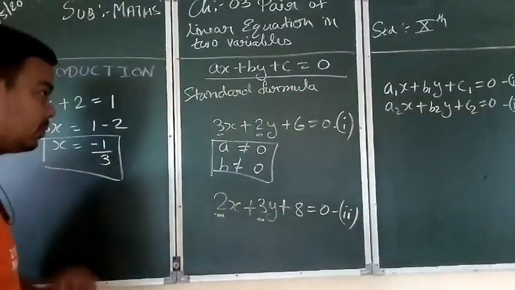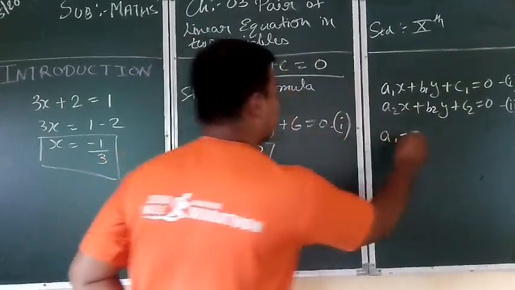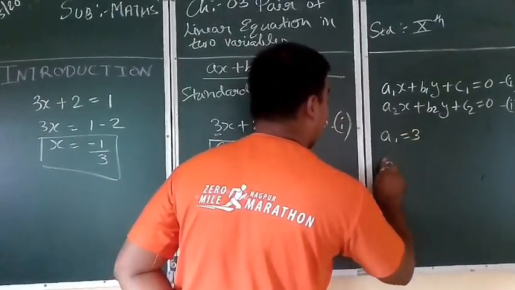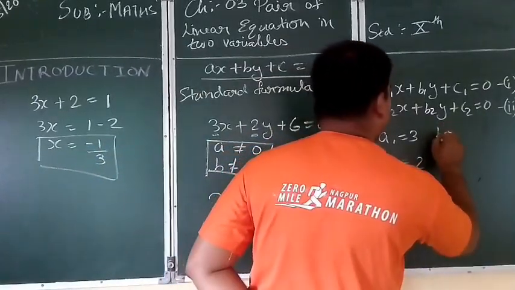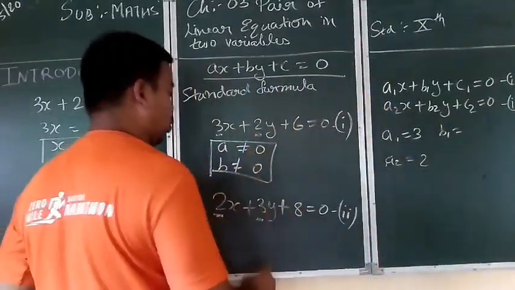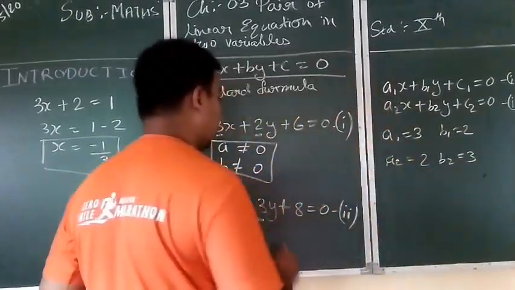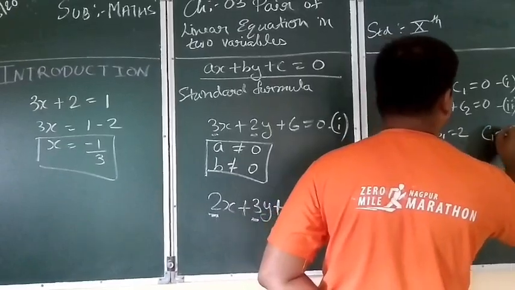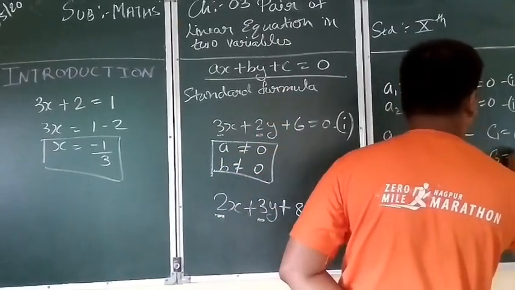So a1 is 3 and a2 is 2, b1 is 2, b2 is 3, c1 is 6, c2 is 8.